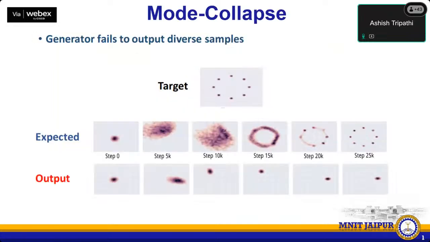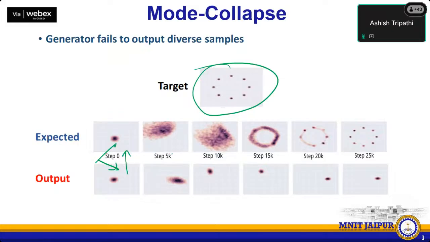So what is the mode collapse problem? In the mode collapse problem, what happens? At step 0, this is my target image. I started training. In step 0, it is producing an image like this, and we are getting output like this. So this is expected, and this is the actual.